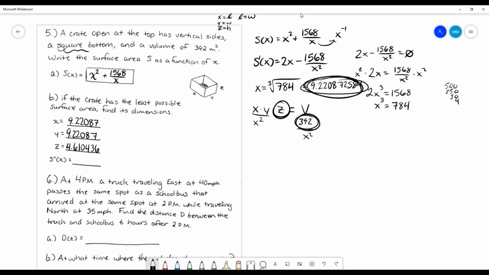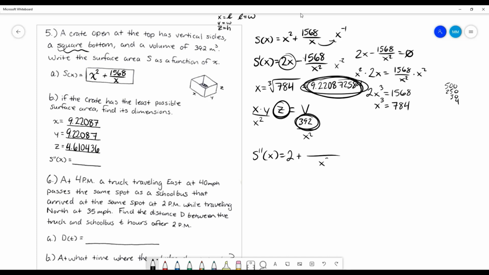Again, I'm rounding. And then we want to know what our second derivative of this x value is. So our second derivative, I know it's going to be 2. And that's probably going to turn into a plus and double that. Because again, just power rule, this is an x to the negative second power.